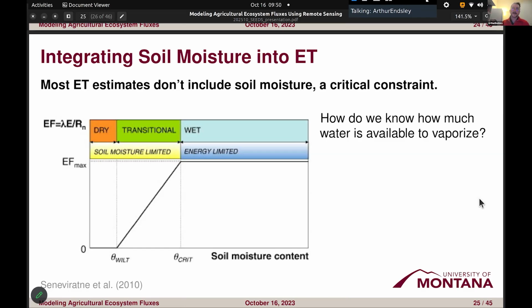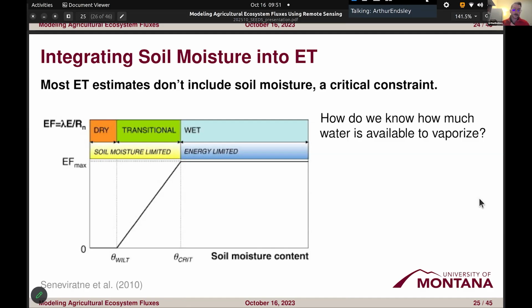This is a very wet and likely saturated system. But at some point, we reach a critical soil moisture below which, as it gets increasingly dry, we're in a soil moisture limited regime. Energy is not limiting how much evapotranspiration can be produced.